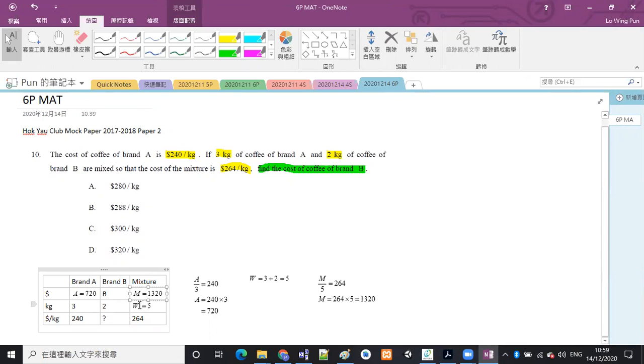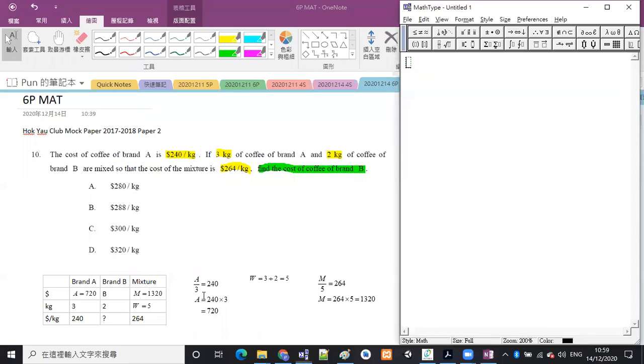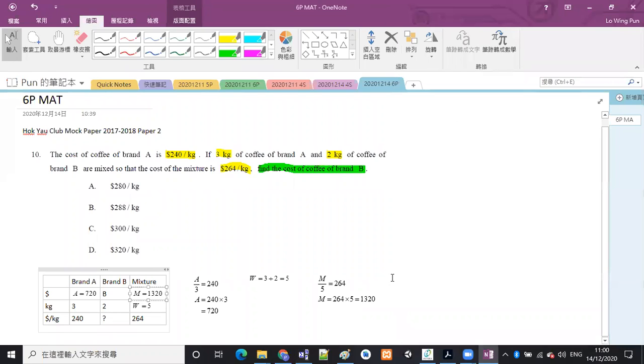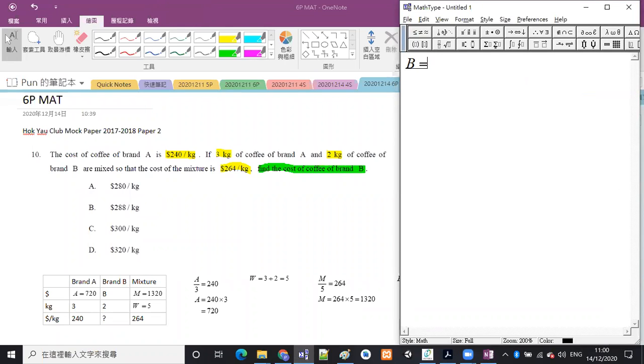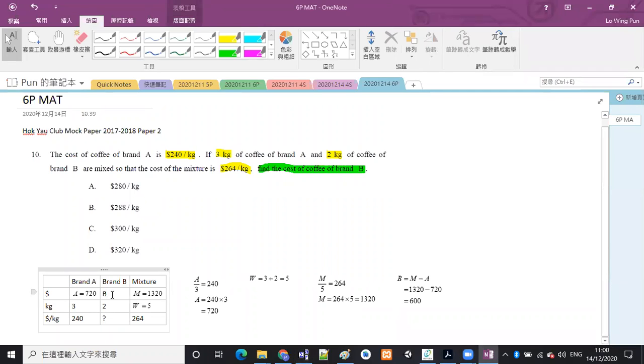It's okay. 好啦，咁而家咧，淨係 brand A 嘅用咗720蚊，夾埋咗之後咧，係用咗1320蚊。咁係咪即係其實咧 B 咧係咪等於個 mixture 嘅錢減翻淨係 A 嘅錢啊？OK， 咁即係話咧，佢就係等於1320減翻720，應該咧就等於600蚊。Okay, so B should be equal to 600. We just replace this one.